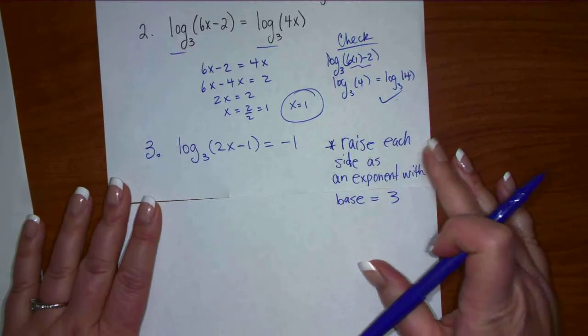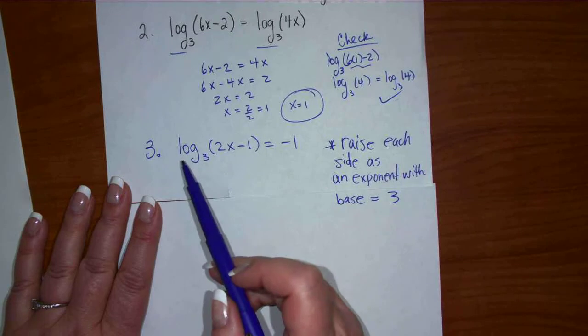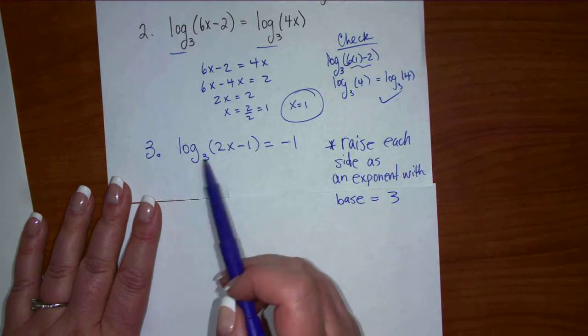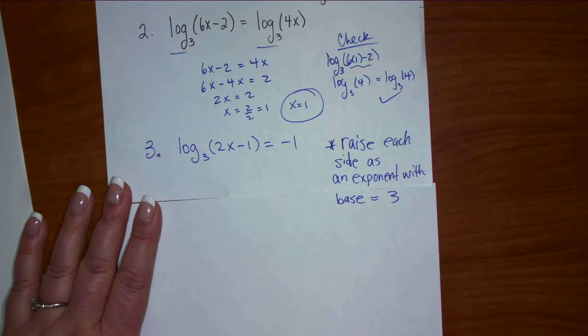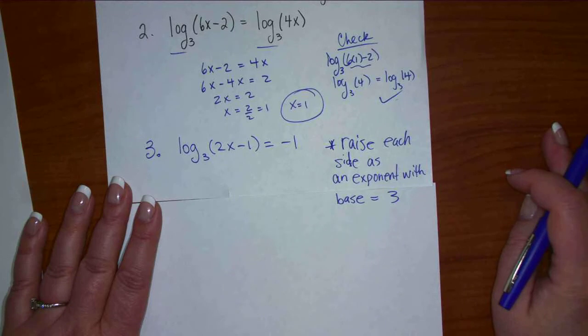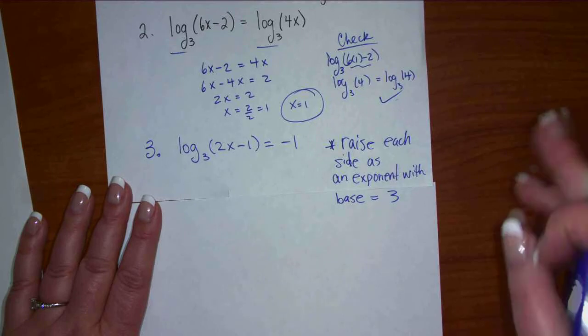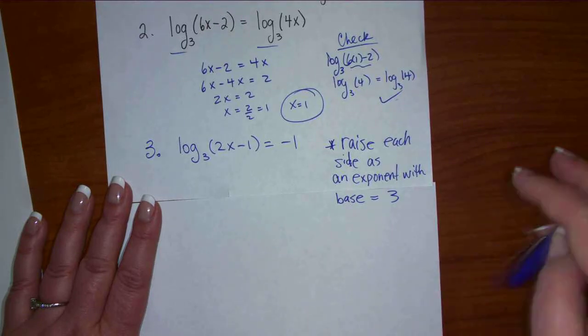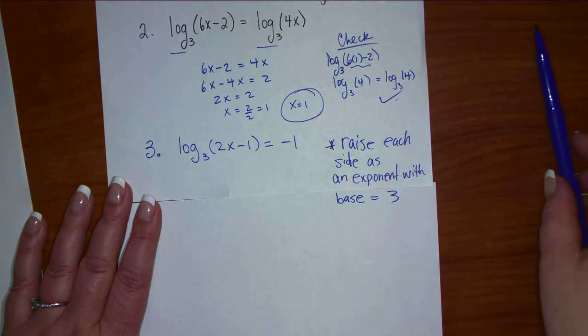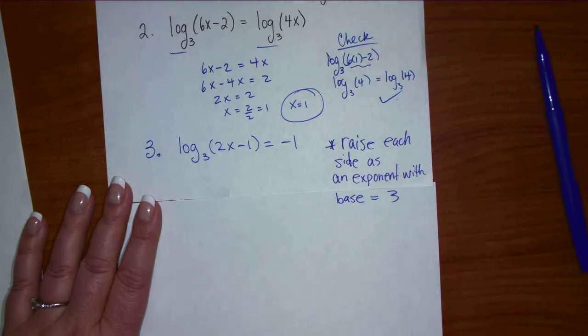So why 3? It's a log base 3, so to cancel out a log base 3, you need a big 3. Yeah, the inverse of a log base 3 is 3 to the power.